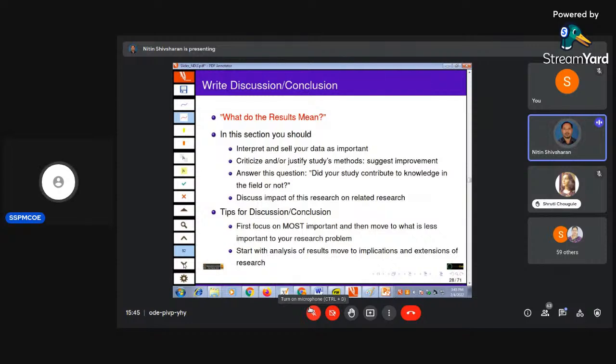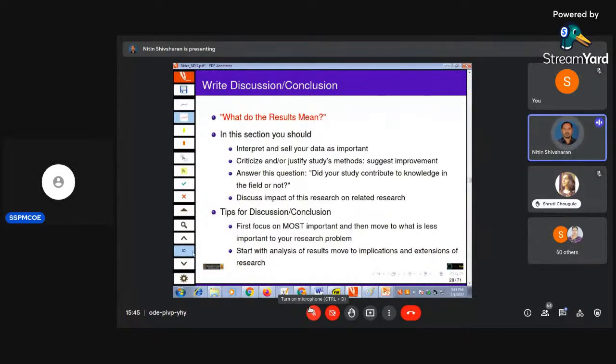Once you have written the data or results in the result section, observe the results, the data, and the diagrams or figures used. Based on that, the interpretation of the results will come under the next section, that is the discussion and conclusion.